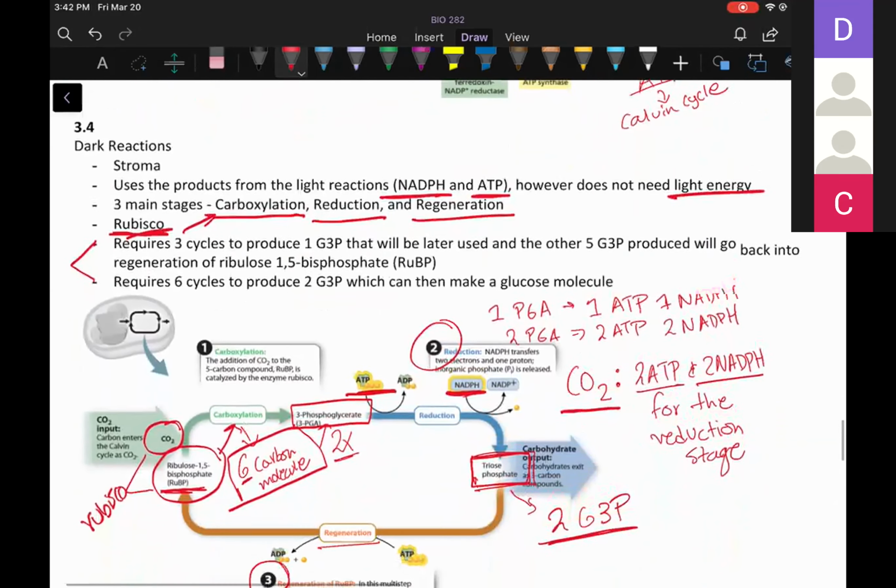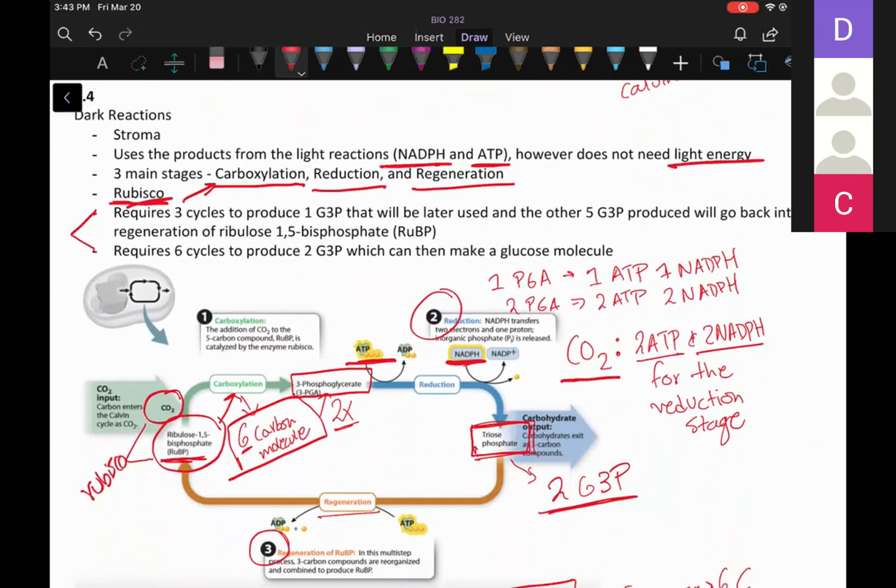Those NADPH are used here in the Calvin cycle. This is where the NADPH is used. Right, but the NADP plus is being produced in the dark reactions. So if there's none in the dark reactions, then you will have less NADPH in the electron transport chain as well. Yeah, that's what happens. We don't have enough NADPH in the electron transport chain. So that's why there's a defect in our photosystem 1, right?